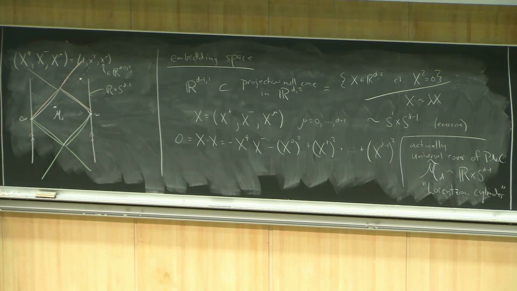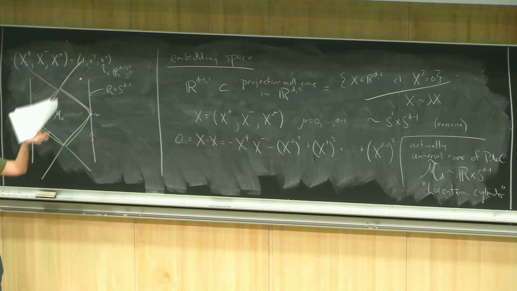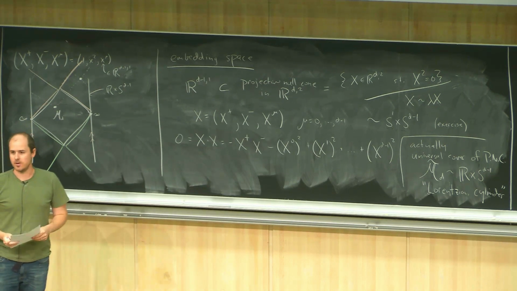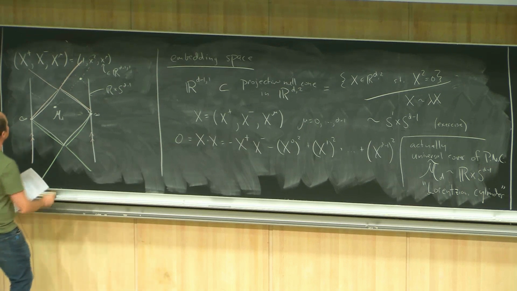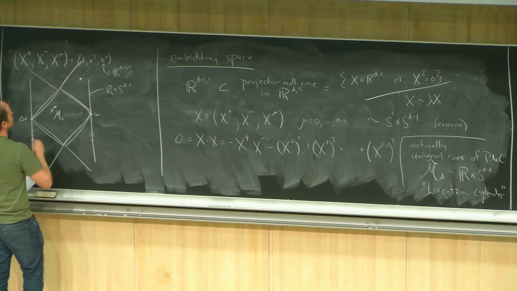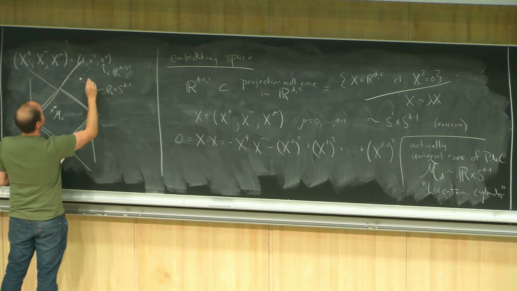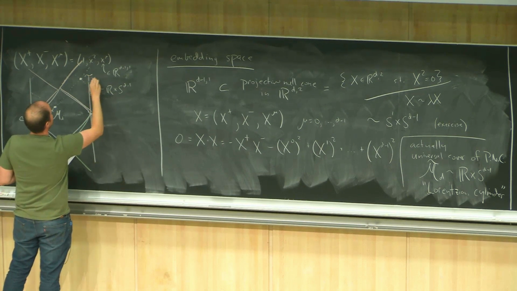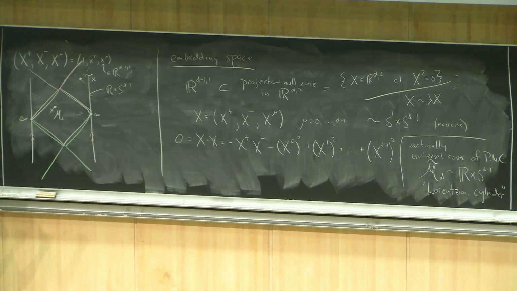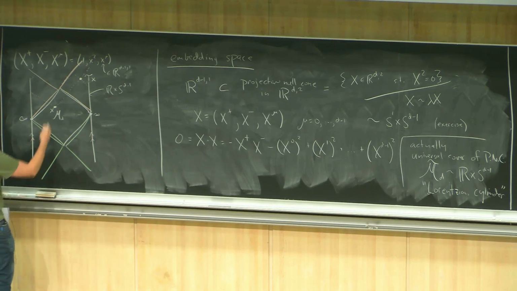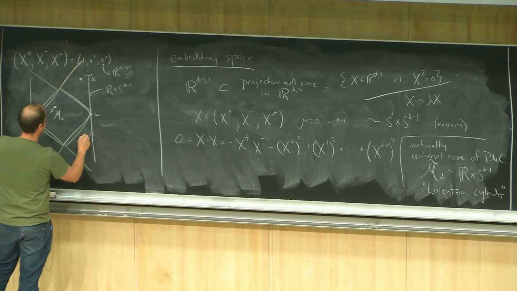This is a two-dimensional picture, but in higher dimensions, the same would be true. There'd be the entire future null cone of a point, which goes out, wraps back around, and becomes the past null cone of a new point. And so if this point is x, then I'm going to call this point here Tx. T is an operation that moves a point to its cousin point in the next Minkowski patch. And then there's also T inverse x, which would be down here.